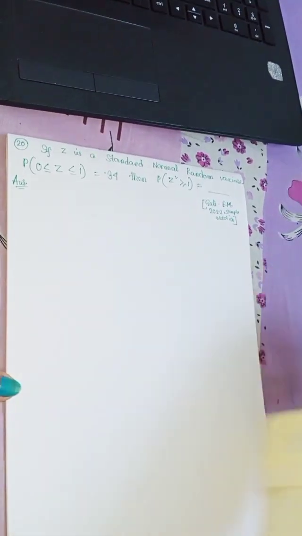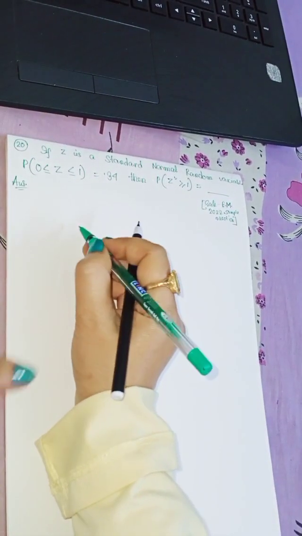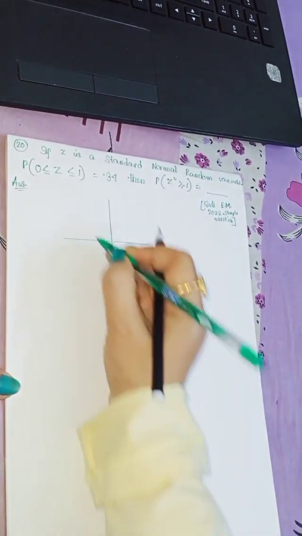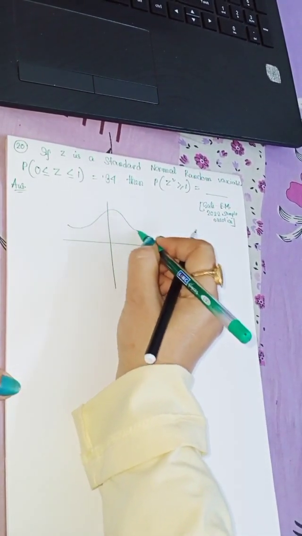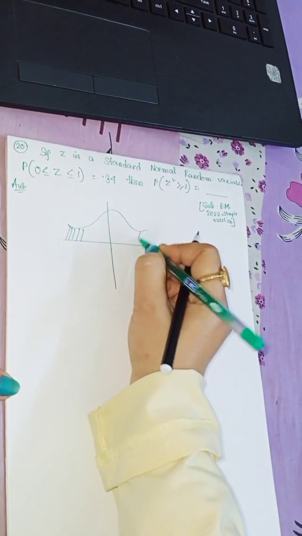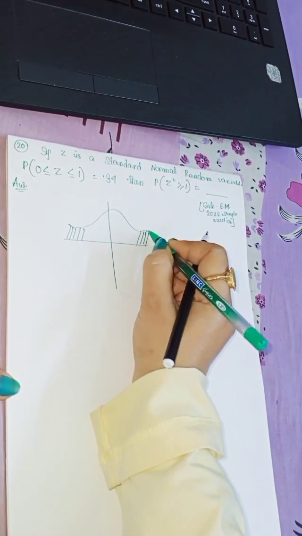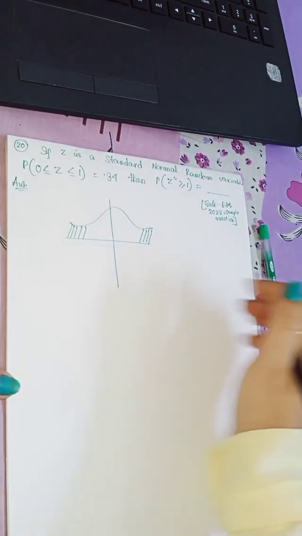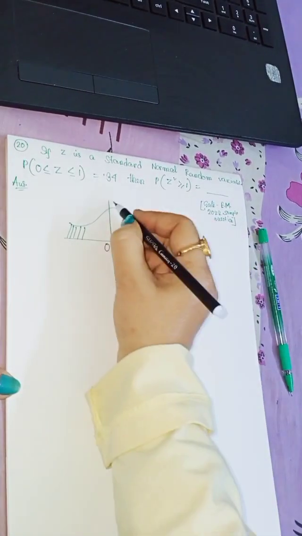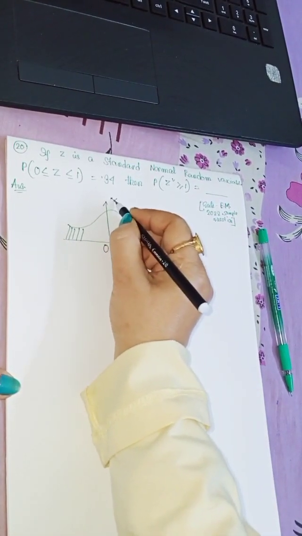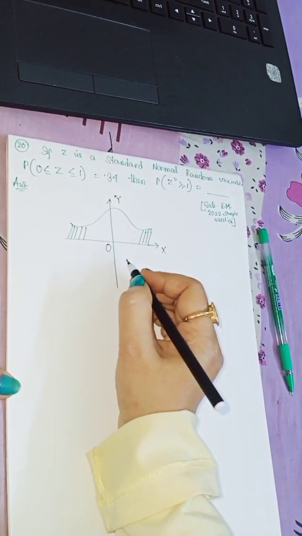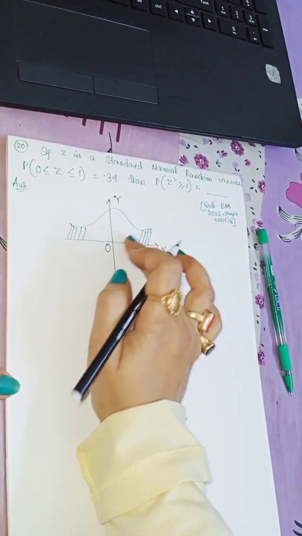So now at first we plot the curve. This is the axis and here is the curve. This shaded region is our required region. Here we have the y-axis and the x-axis.